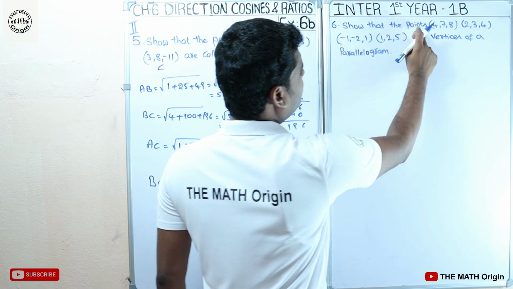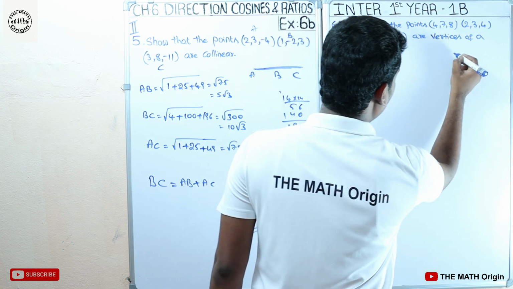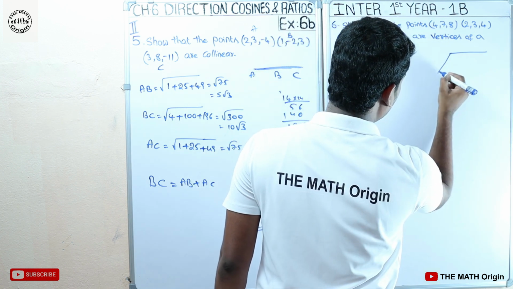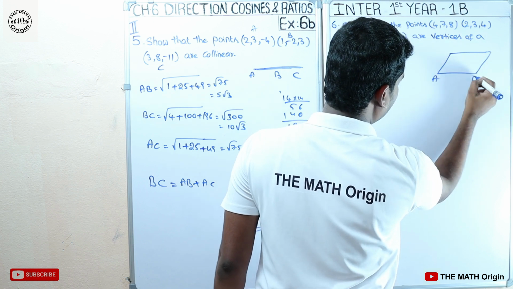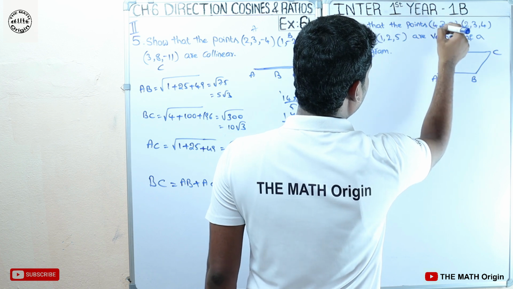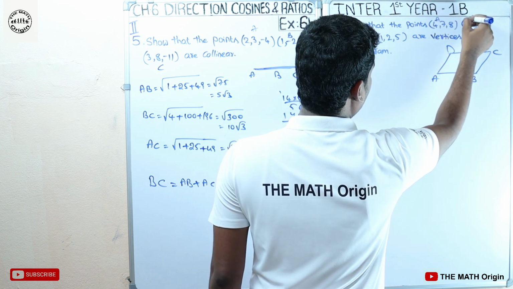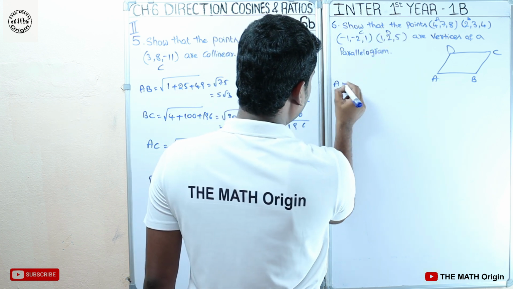Next, show that the points A, B, C, D are vertices of a parallelogram. Everyone knows parallelogram means opposite sides are equal. Let's take this as A, this as B, this as C, and this as D. Now let's find AB first.